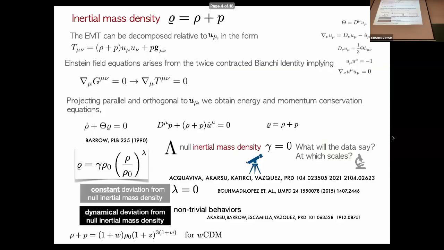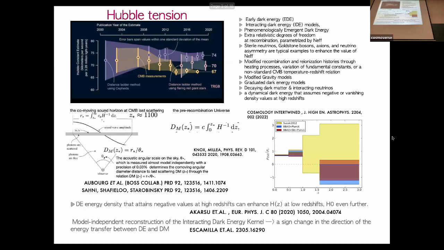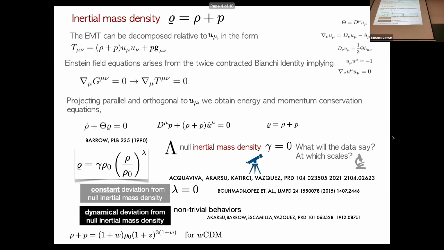And let us look at where the inertial mass density is. Inertial mass density, as Özgür told in the morning session, is the sum of pressure and energy density. It appears as the proportionality constant between the spatial gradient of pressure and the force acceleration.